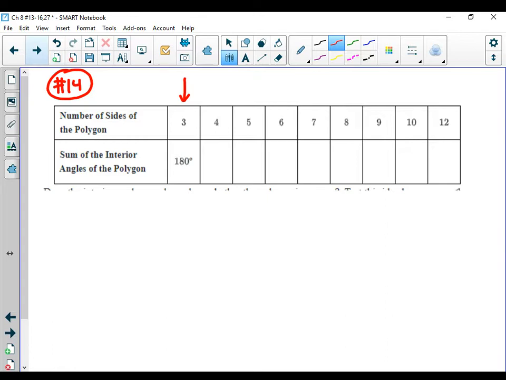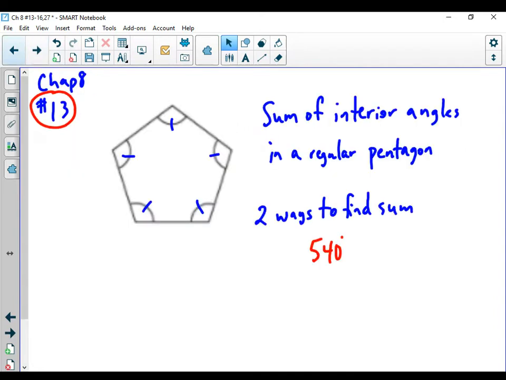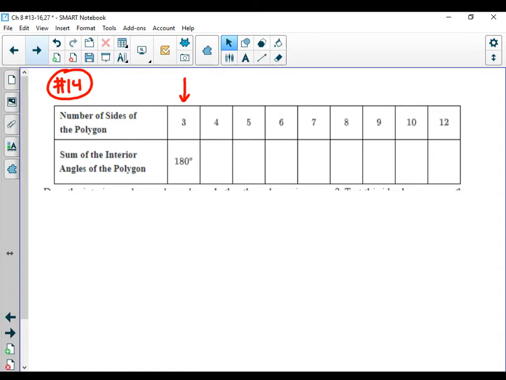So what you're going to do is try to see, okay, well, what are the totals for these other polygons when they have increasing sides? But you really should try to see if the method used on 13 will carry over to the ones that you try when we have different side lengths here.